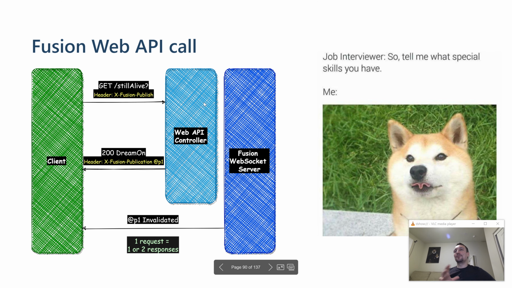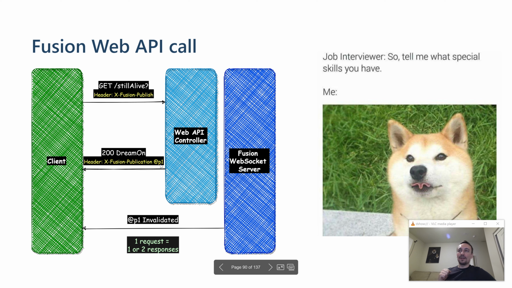So Fusion allows you to create controllers that act normally if you call them normally, but if you ship a special header, called X-Fusion-Publish, then in response it will return you a regular response, but will also capture a computed value that sits behind this response and so-called publish it.